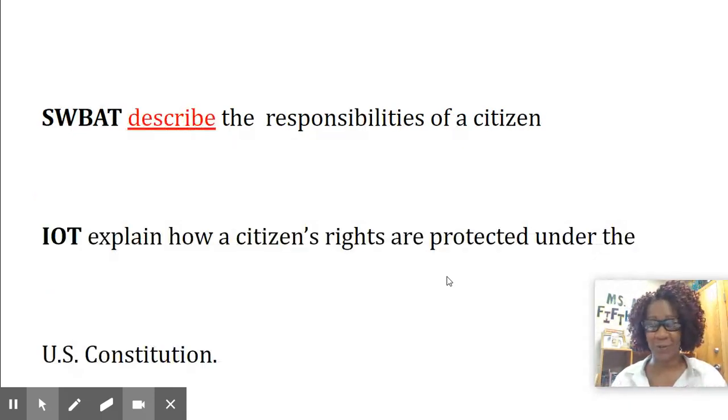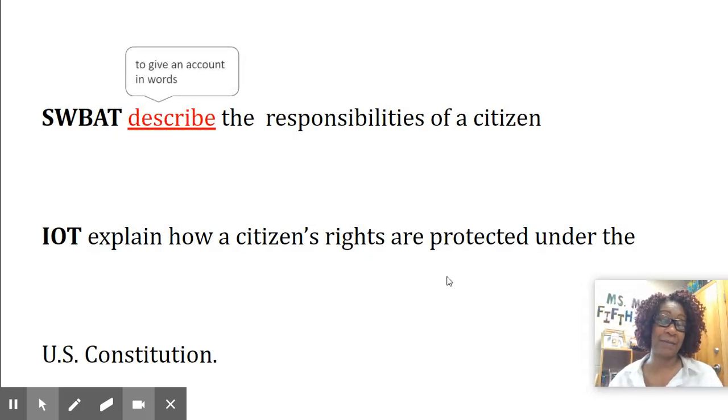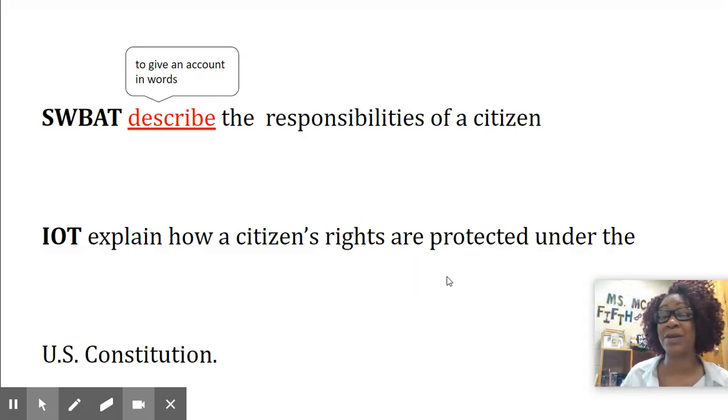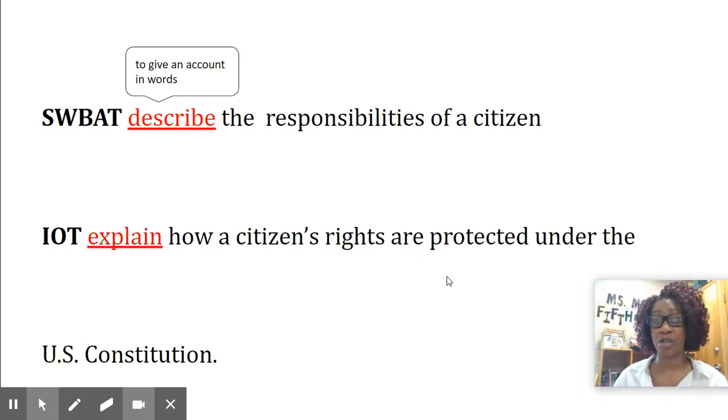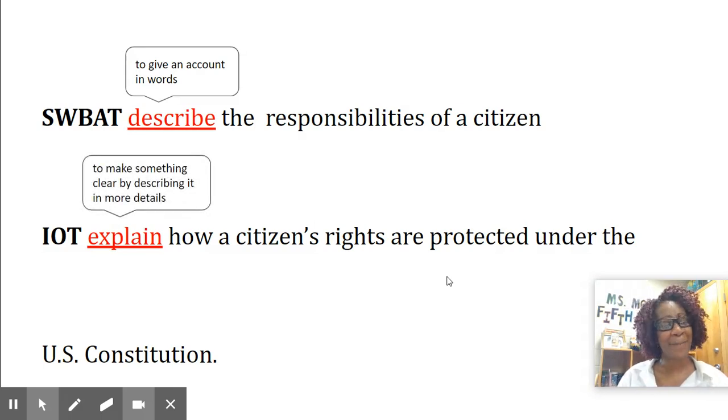So students will be able to describe. That's our first word. And what does describe mean? To describe means to give an account in words. We are going to describe the responsibilities of a citizen in order to explain, to make something clear by describing it in more detail.